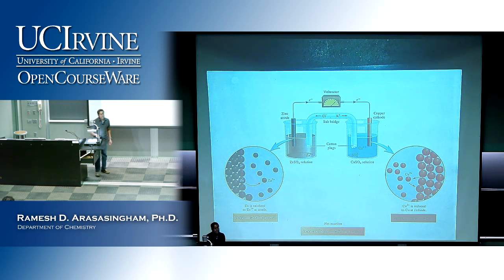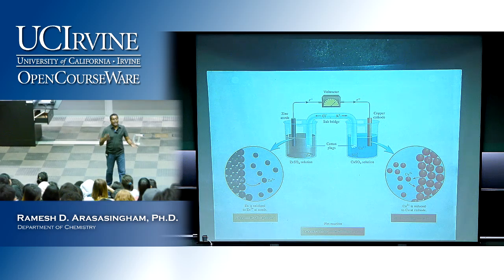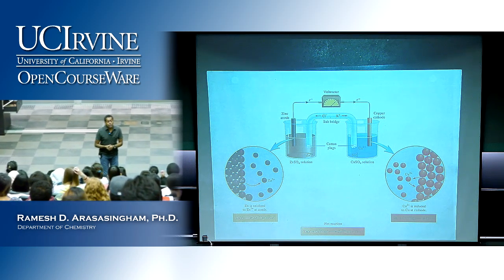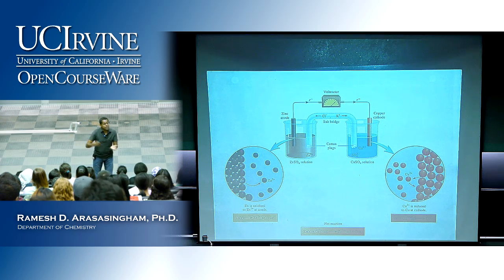So if you look at the zinc side, remember zinc solid is going to zinc 2+. So you're starting with something that's electrically neutral, and in that solution you're having more and more cations. Remember, everything in nature has to be electrically balanced. So if you're forming more and more cations, you need anions to counterbalance that charge.